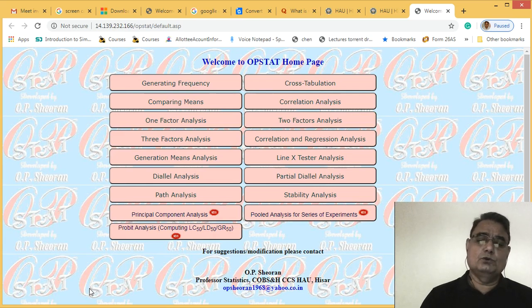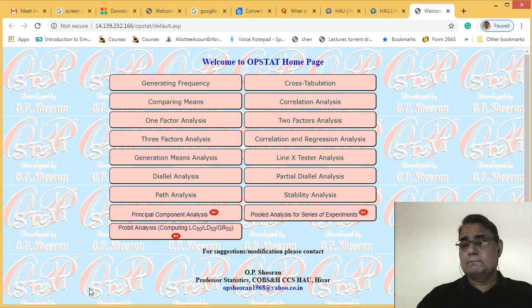You can also compute the path analysis from genotypic correlation. You can also compute the path analysis from phenotypic correlation. So it provides you a wide range of options. So you can analyze your data in path analysis, I think, from every corner.